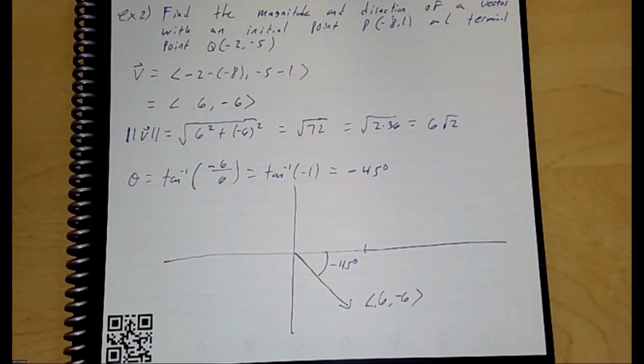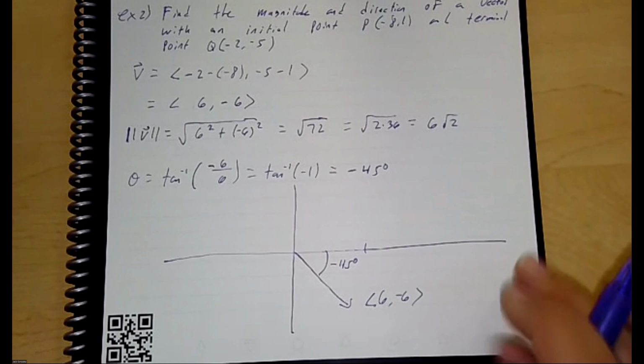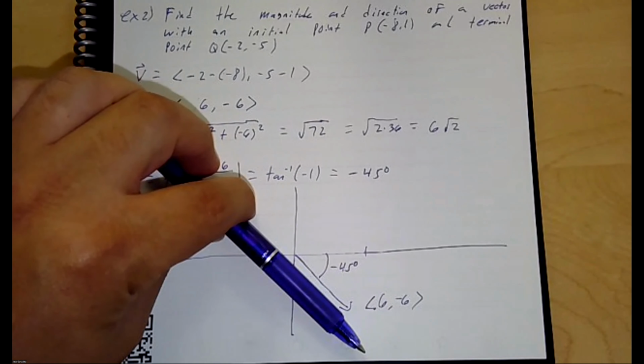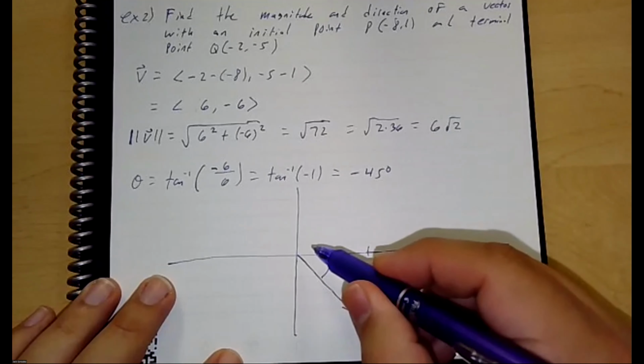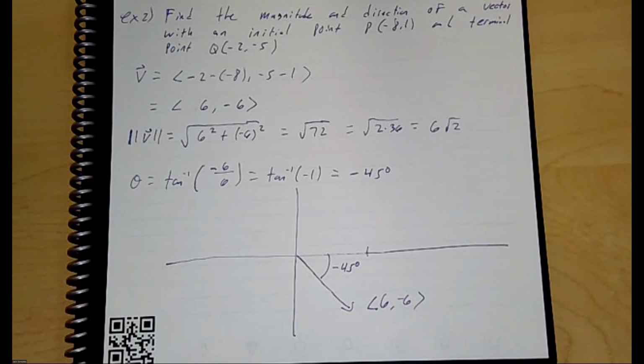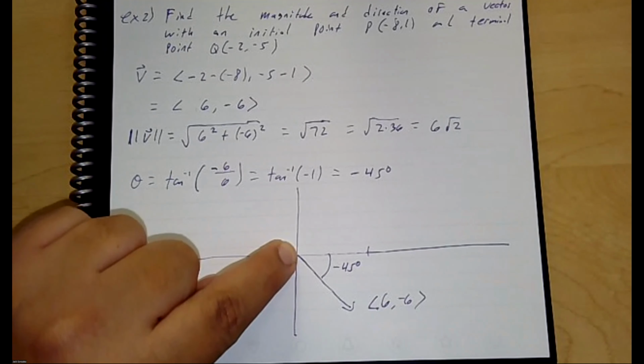So there's my angle and there's my magnitude. They didn't ask for us to graph it. I just want you to see that -45 means it's over here. But you could have just put 6 tick marks, right, and graphed it. Since it's a position vector, it starts in the center.